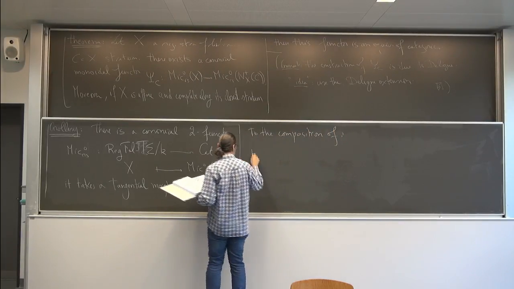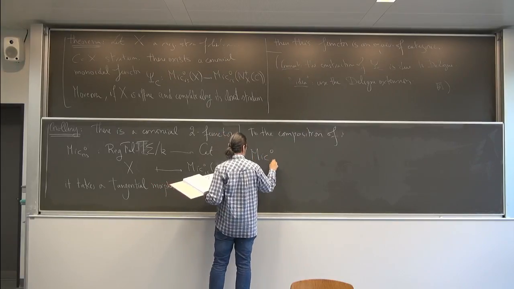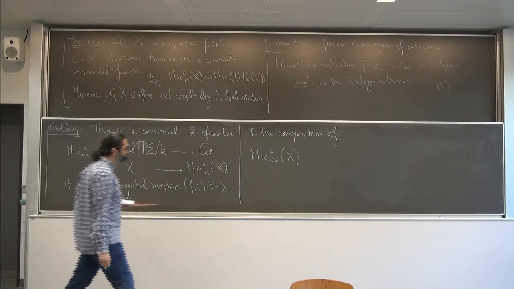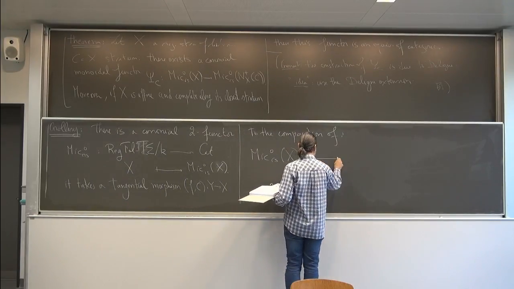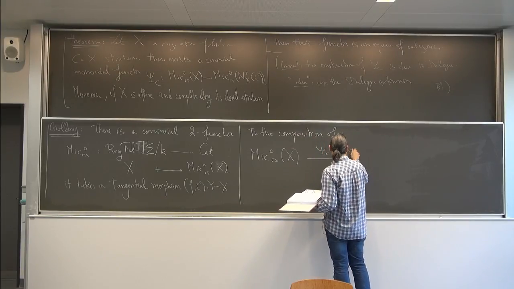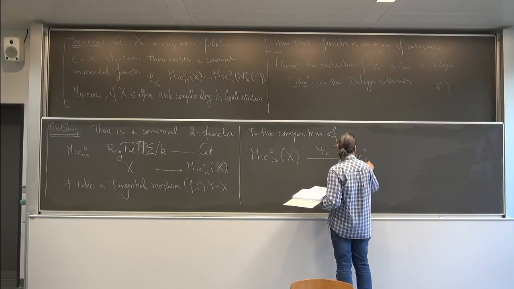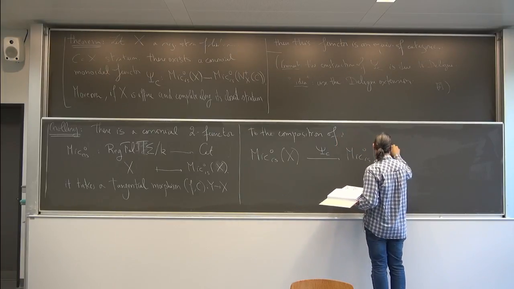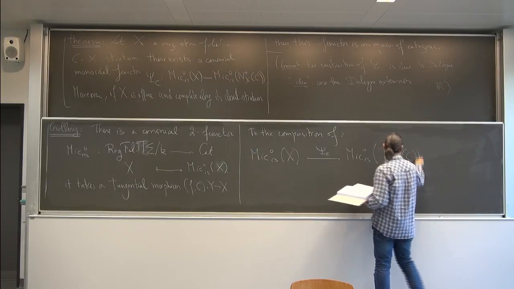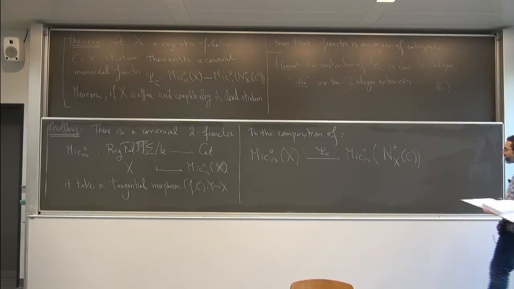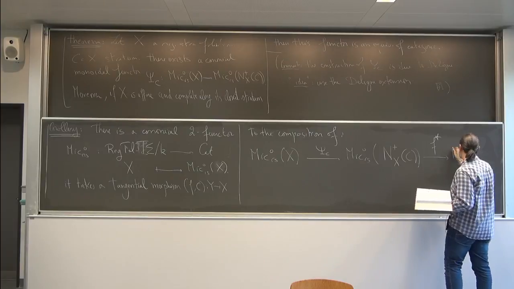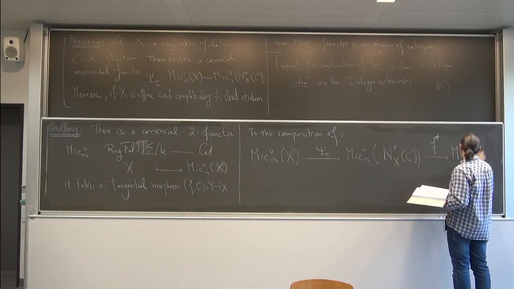So you want to go from MIC_0 regular singular on X to Y. You first apply this limiting functor, Deligne's limiting functor psi c, to go to MIC_0 regular singular, and now you are over the normal bundle of X_c. Good. And now you can really apply f upper star to go to MIC_0 regular singular Y.